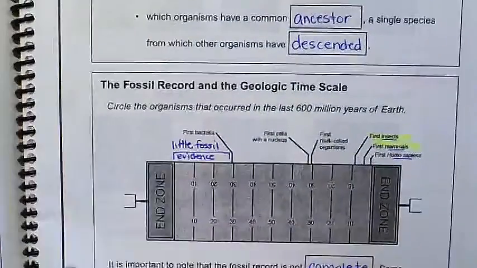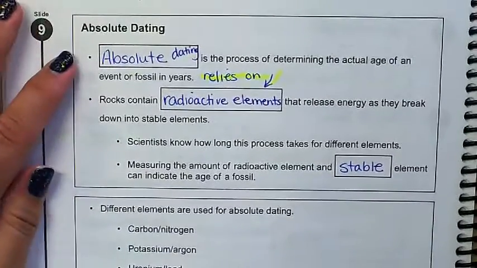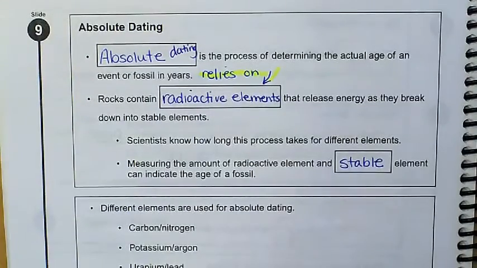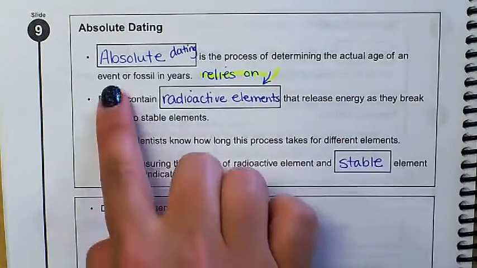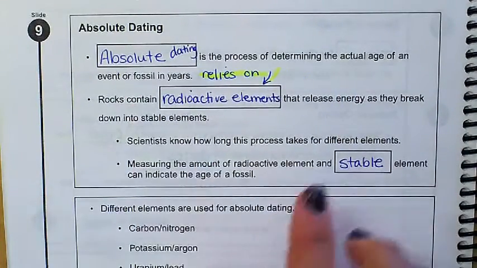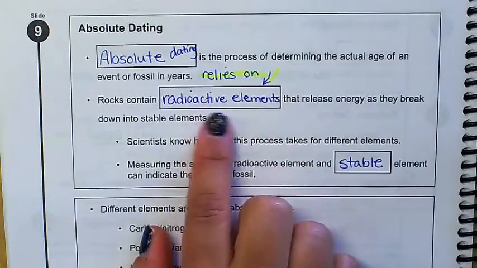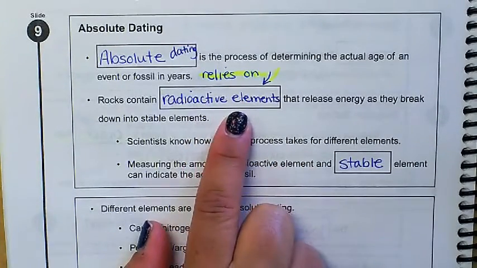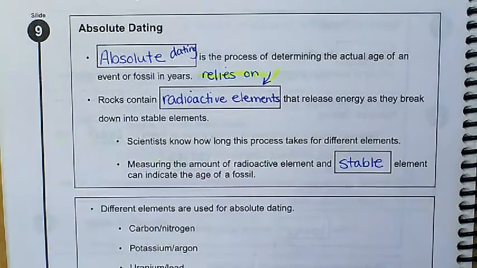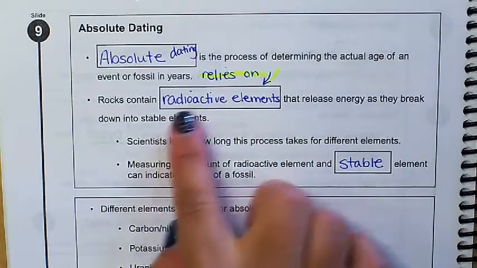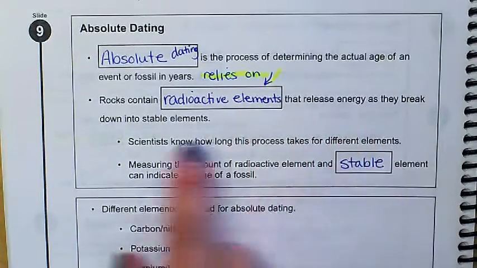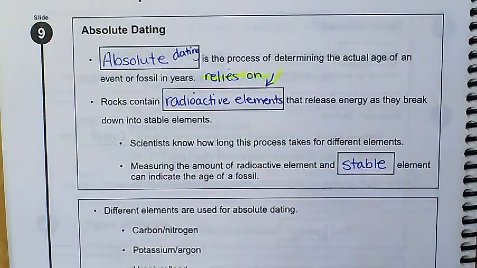Now, when we go on to absolute dating, this process determines the actual age of an event or fossils. We can do that because it relies on radioactive elements that are in the rocks and in the fossils. Radioactive elements release energy as they break down into stable elements.